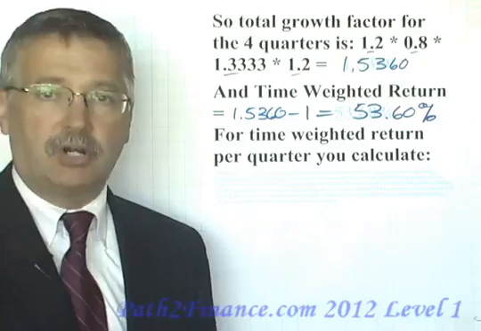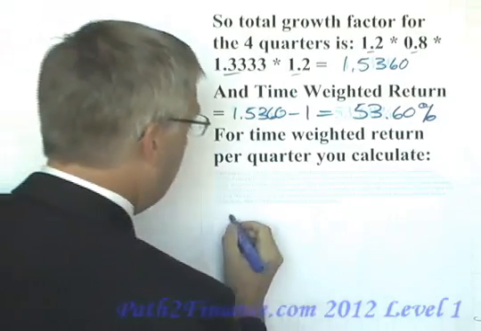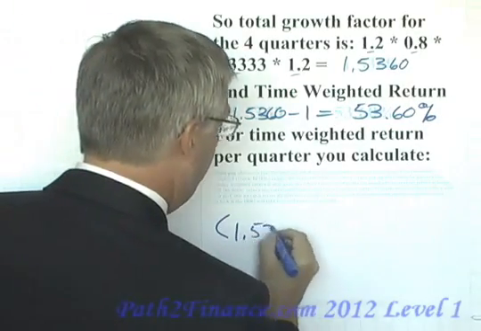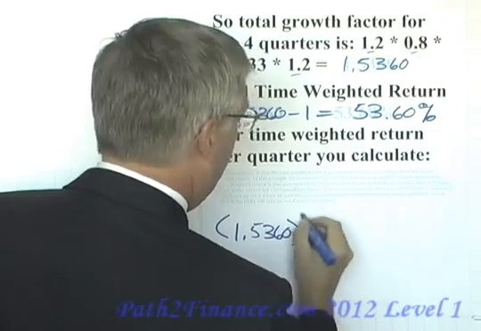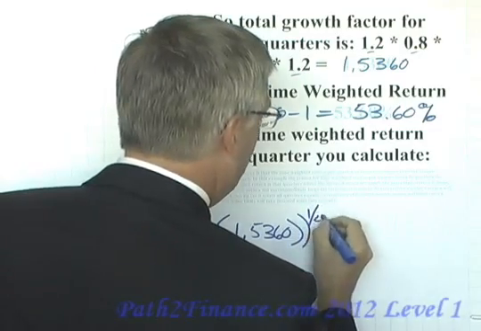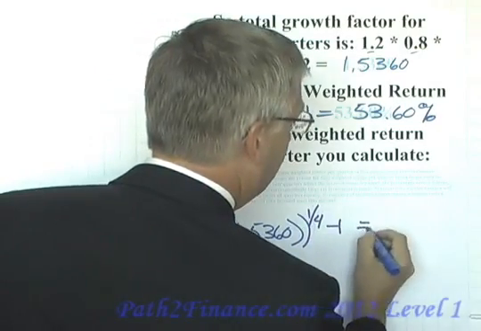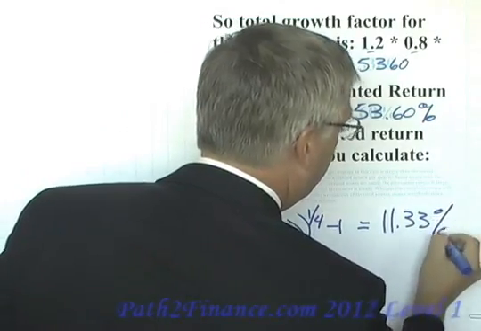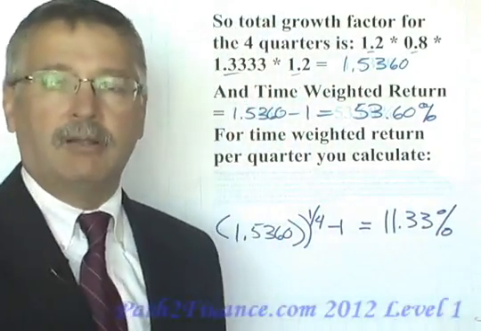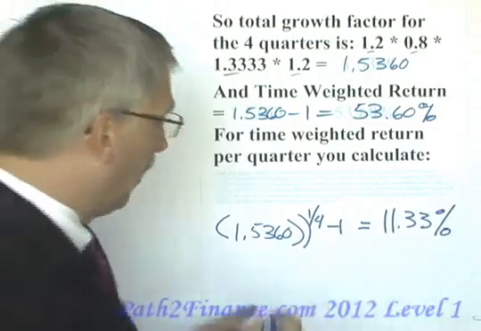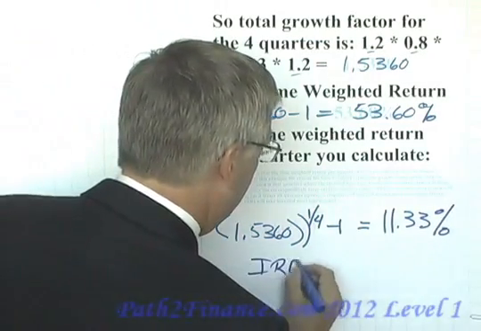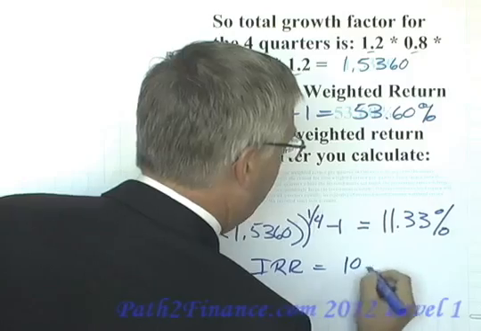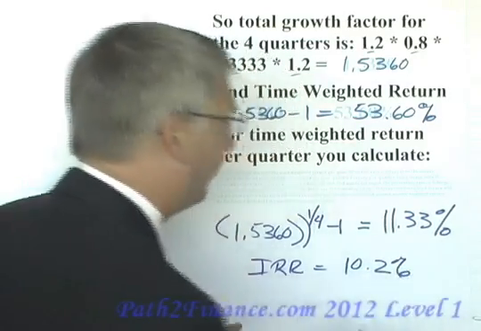To express that return per quarter, we take 1.5360 to the power of 1 over 4, minus 1, which gives us 11.33%. Now recall that our IRR was approximately 10.2%.